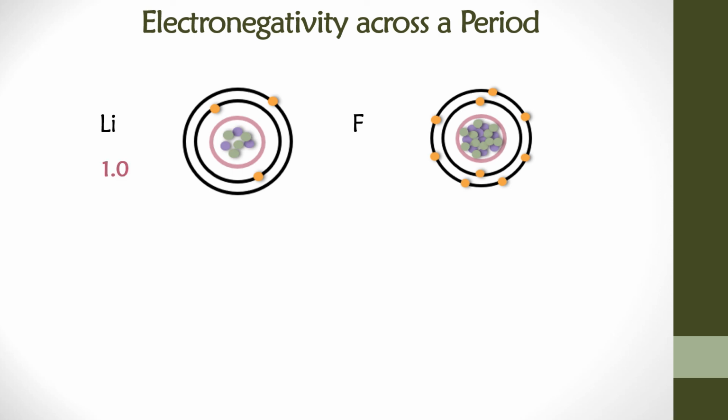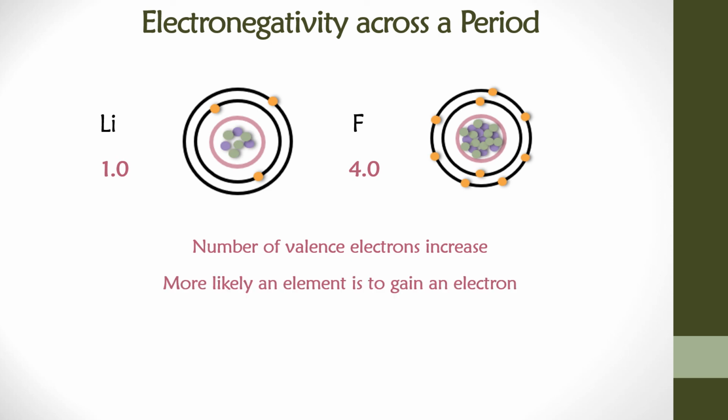When you compare their electronegativities by looking at the periodic table, clearly fluorine has a very high tendency and motivation to attract more electrons. That's the reason electronegativity increases as we go across the period: the number of valence electrons is increasing. So those elements are much more likely to attract and gain electrons compared to the elements that don't have a lot of valence electrons.